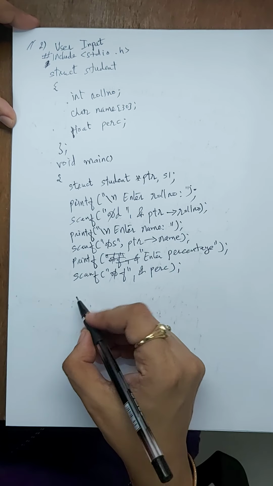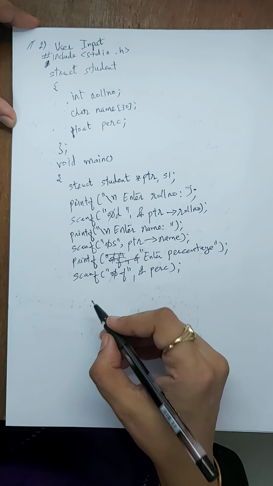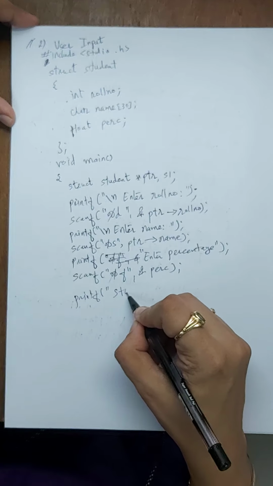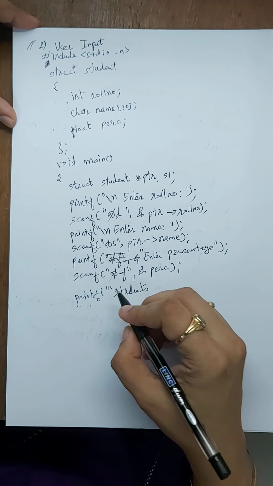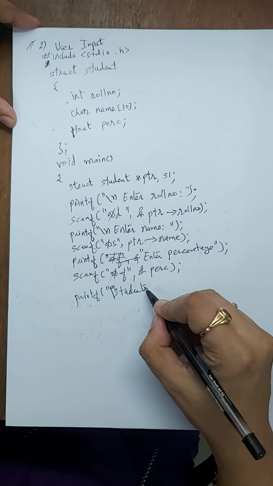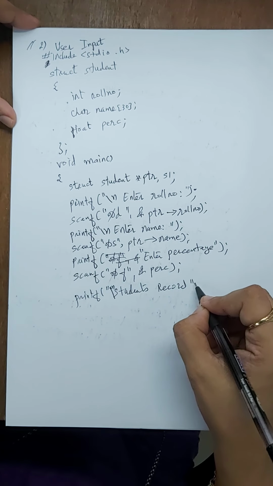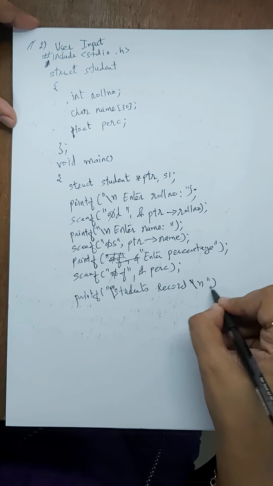Now we'll display it, in the same way as we have done in the previous example. So printf students record, again here you can write \n also, or if you want you can write new line over here itself.